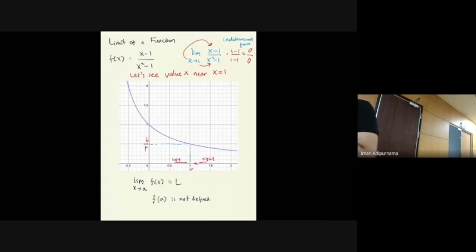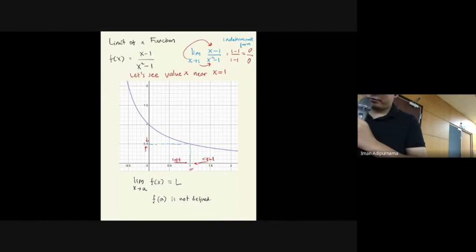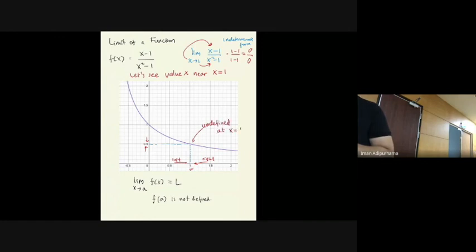So you may have a limit, but you may not have the point there. So actually this is undefined. As x gets closer to 1, f of x gets closer to 0.5.